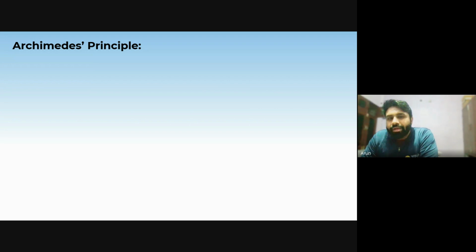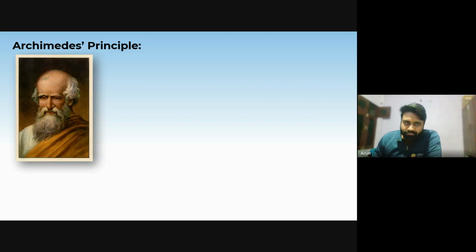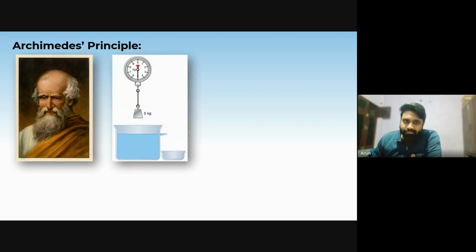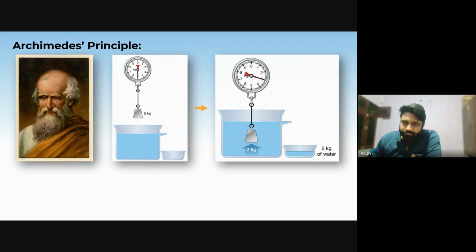And this is what we know as the Archimedes principle. Now we will talk about the Archimedes principle. He is a great scientist, I must say. So when you put this 5 kg weight inside the liquid, the apparent weight would be different.